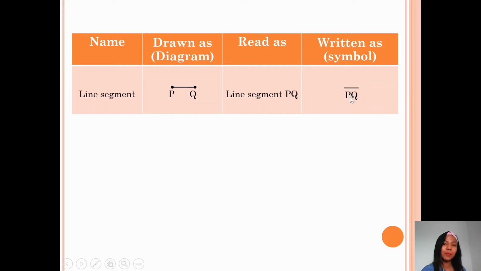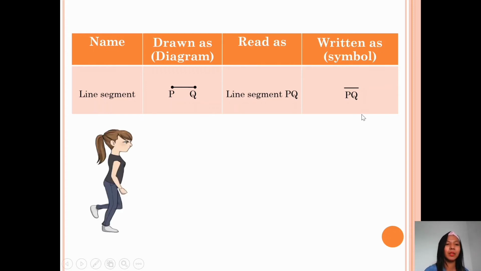Big letter P, big letter Q, and then don't forget to write the symbol above the line segment. Unlike a line, which has an arrowhead on both sides, a line segment has no arrowhead. Just this one straight line. So again, this is about line segment.